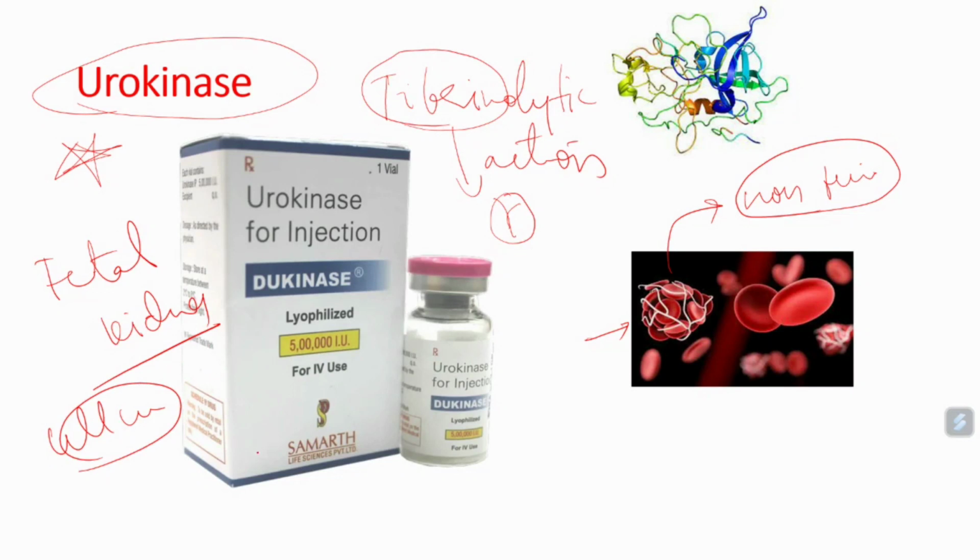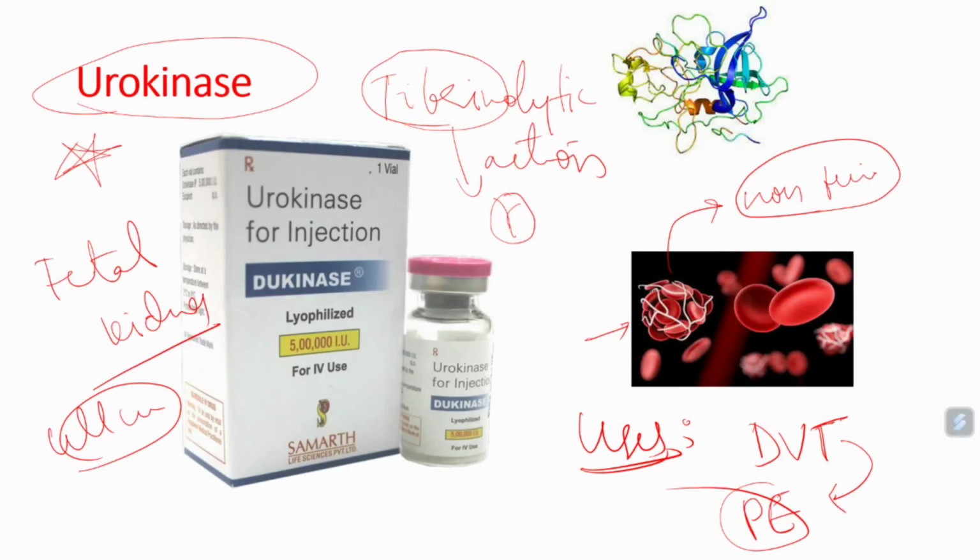If we see the uses of urokinase, it is used mainly in two conditions. Number one, deep vein thrombosis, a coagulation disorder, which sometimes causes another complication called pulmonary embolism. So it is also used in pulmonary embolism. Urokinase injections are used in deep vein thrombosis and pulmonary embolism.